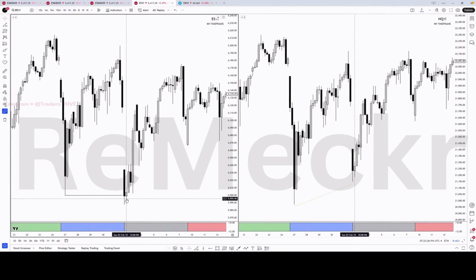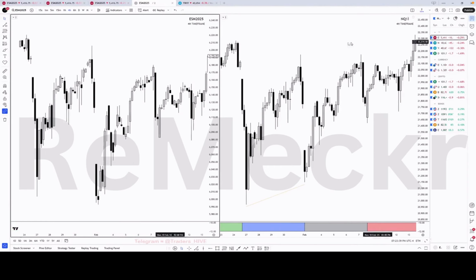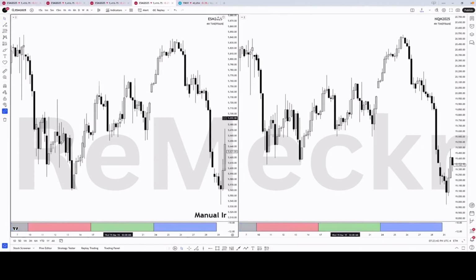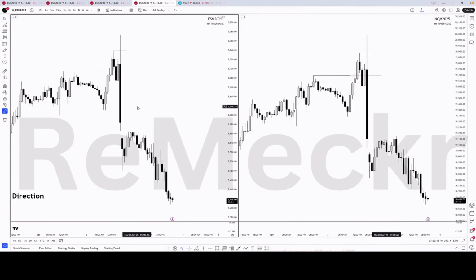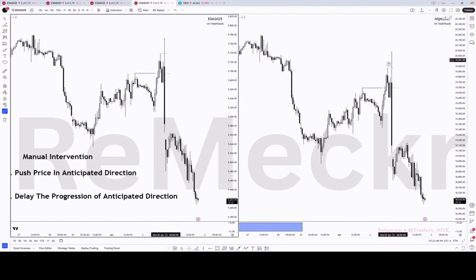Form a cracking correlation and gave price a reason to trade in the anticipated direction. So that is a lesson on manual intervention. So as we can see in today, there was no real bearing, no real reason. Price just boom, traded lower.